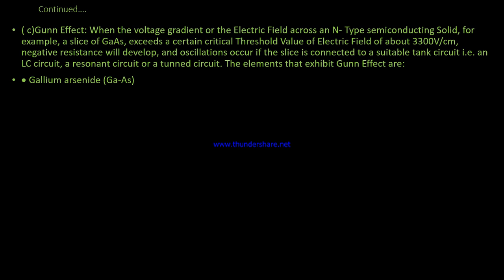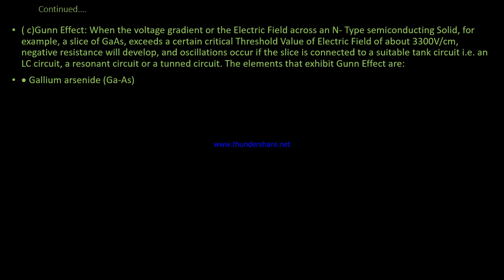An oscillation will also occur. Now, if the slice is connected to a suitable tank circuit, that is an LC circuit, it could also be called a resonance circuit or a tuned circuit.